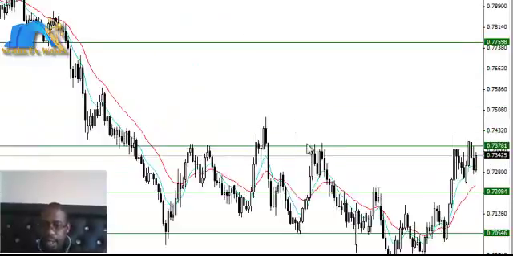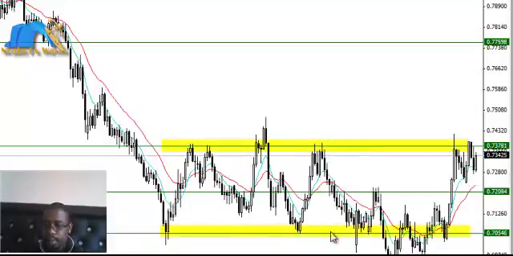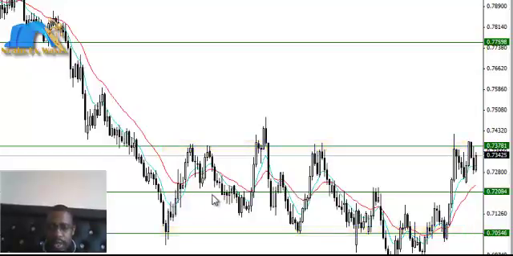But otherwise, what the daily chart also tells you is the range bound of price between key resistance and support levels over there. The beautiful thing about a currency pair that's range bound is that for as long as it's within that range, you can buy and sell your respective currency pair.